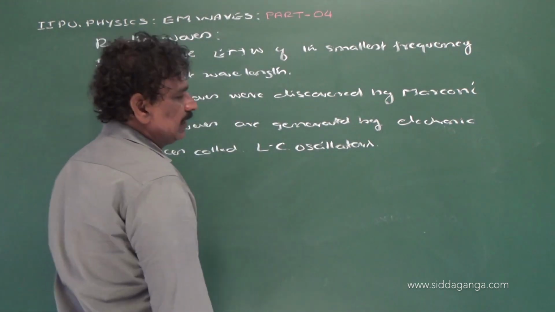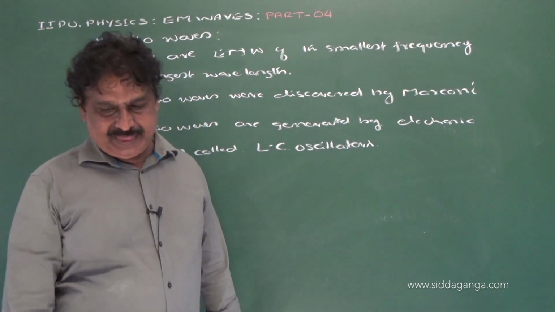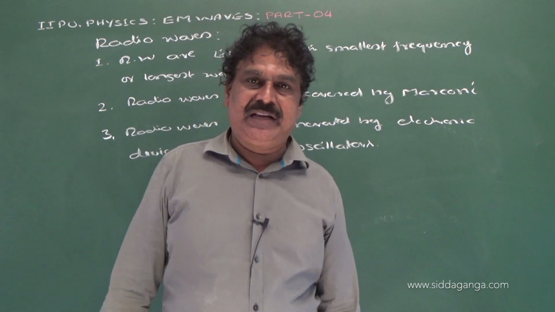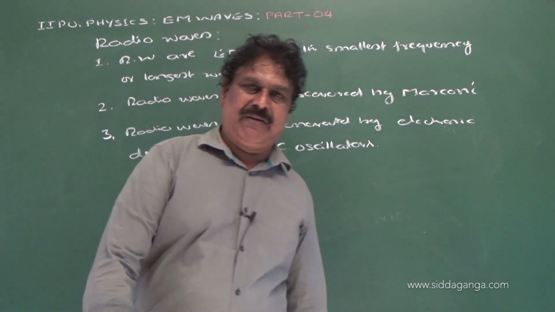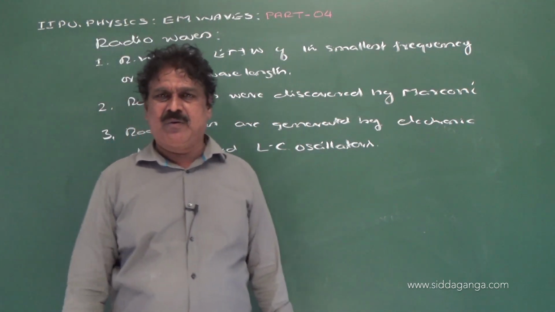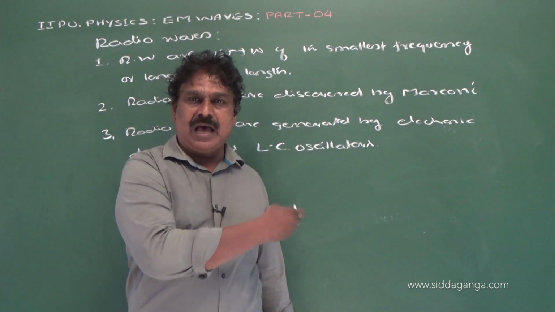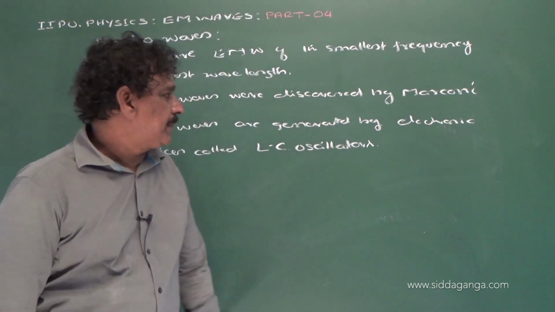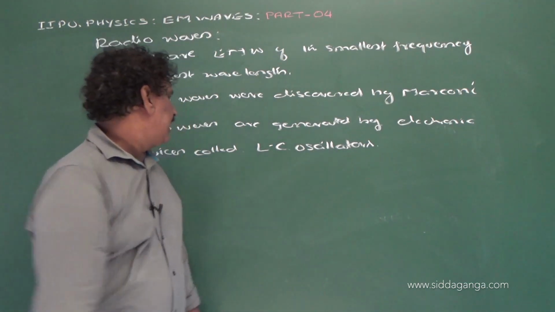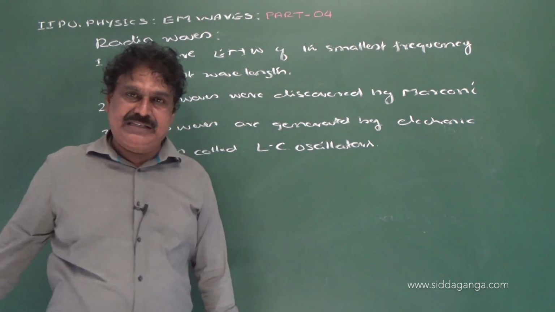Right. Now, in order to operate a communication system, particularly wireless communication, we need electromagnetic waves like radio wave, microwave. Particularly radio wave having lowest frequency is produced by an electronic device called LC oscillator.